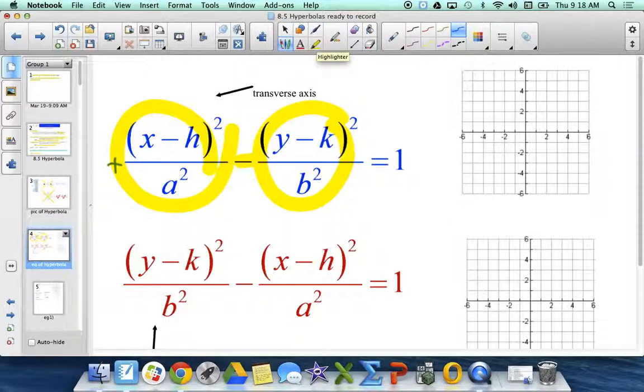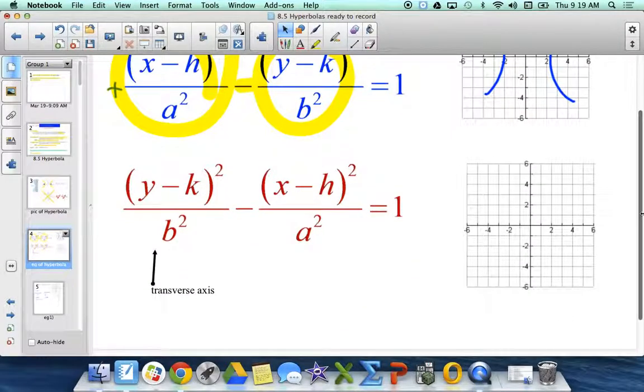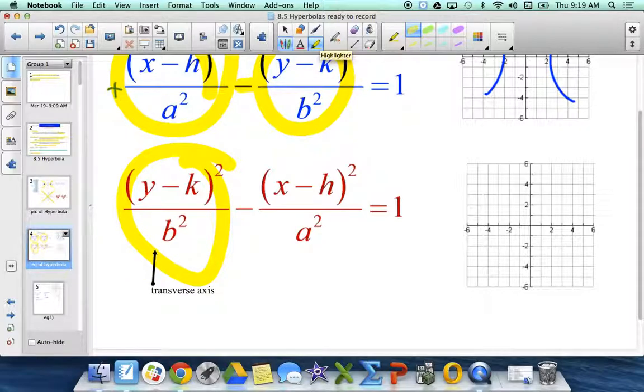So if it is in this form, the branches face left or right. If y is positive, it is vertical and looks like that. So the positive term determines the transverse axis.